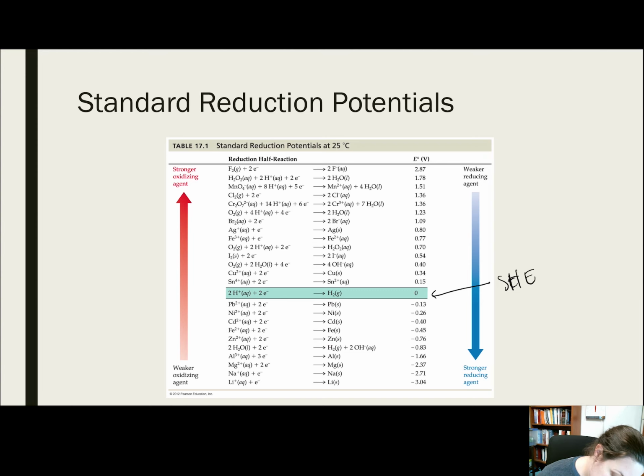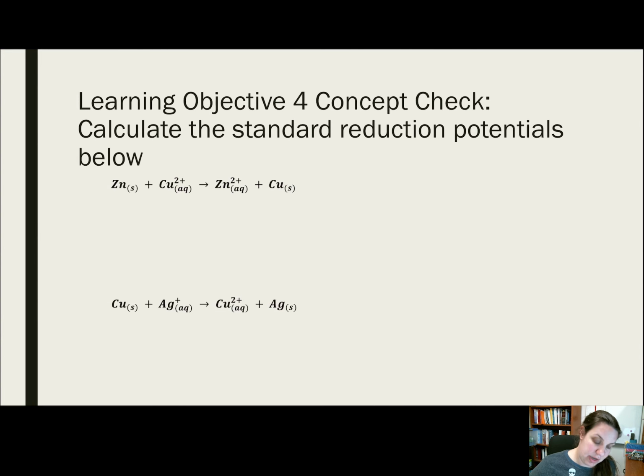Zinc solid goes to zinc 2+ and copper 2+ goes to copper solid. We need to add in electrons to balance charge, and we see that our top one is going to be an oxidation, our bottom one is going to be reduction.